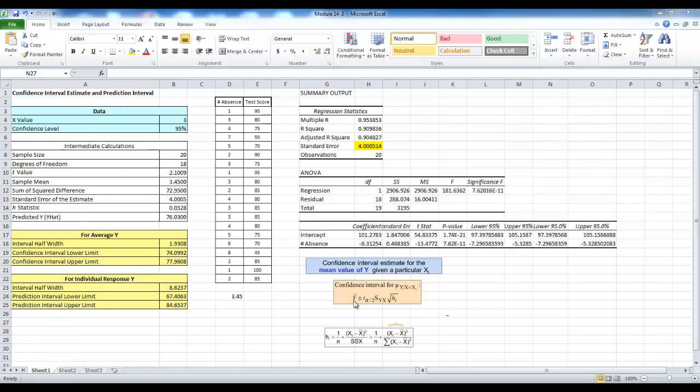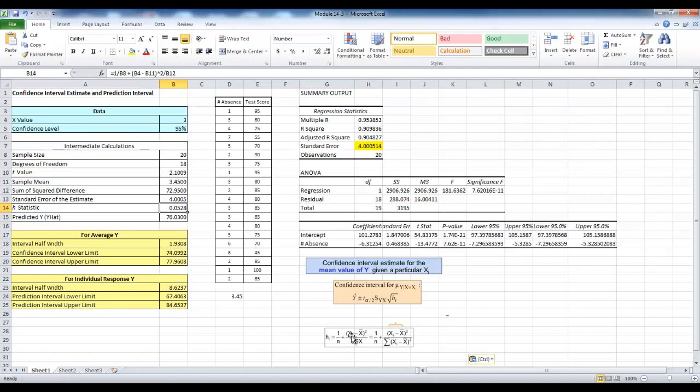As you see in the formula, the h statistic equals 1 divided by n, so 1 divided by B8, which is the sample size of 20, plus B4 minus B11.